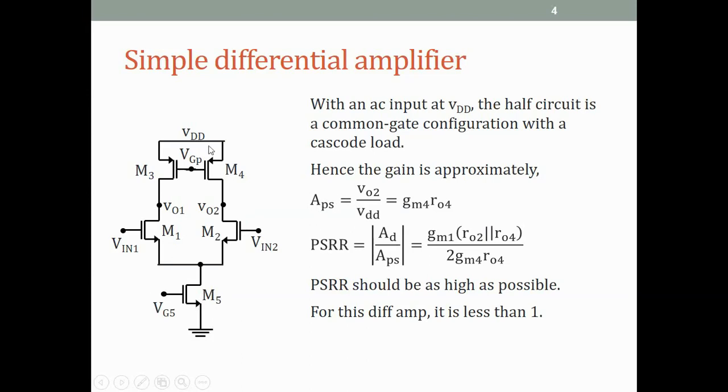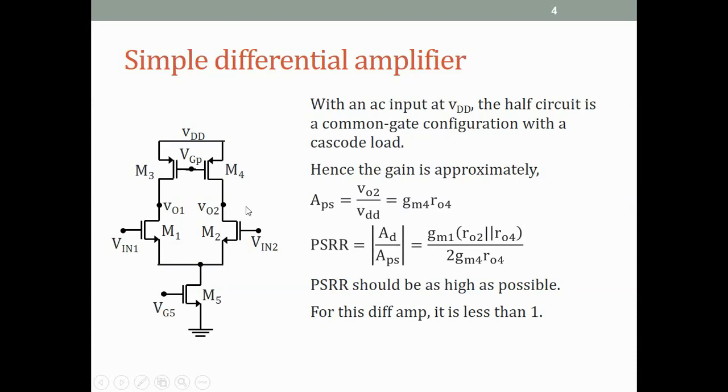So VO2 by VDD is the gain of a common gate stage which has a very large load resistance from M2, M5, of the order of gm ro squared. The output resistance looking into the node VO2 will be the resistance of the cascode in parallel with the resistance of M4, and the resistance of M4 will be much smaller than the resistance of the cascode.